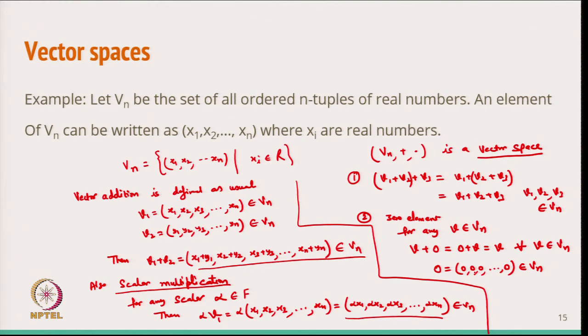So, this is the 0 element, and by vector addition we can see that v plus 0 or 0 plus v will be equal to the vector v again for all v belonging to V n. In this case this is called the 0 element, and we also call it the additive identity.